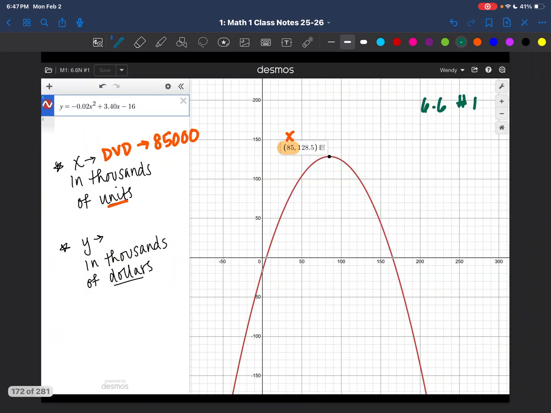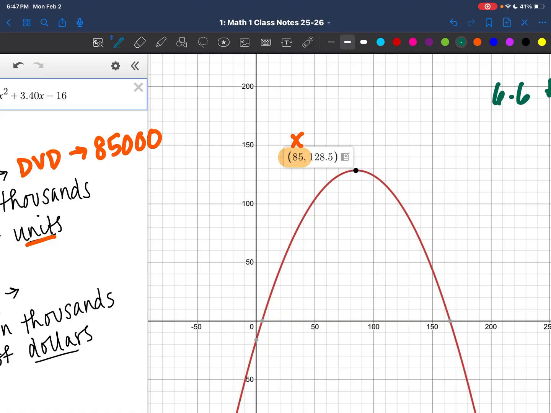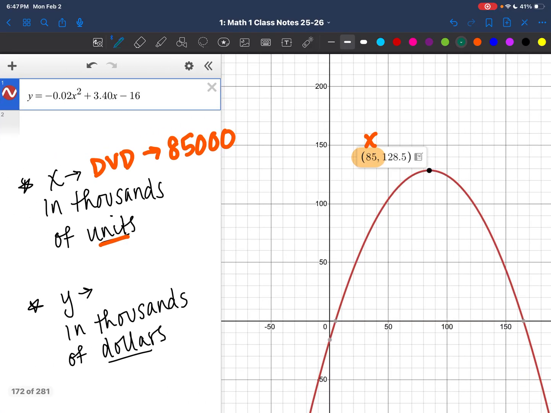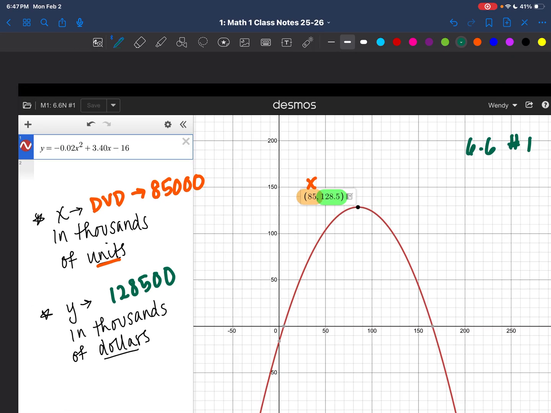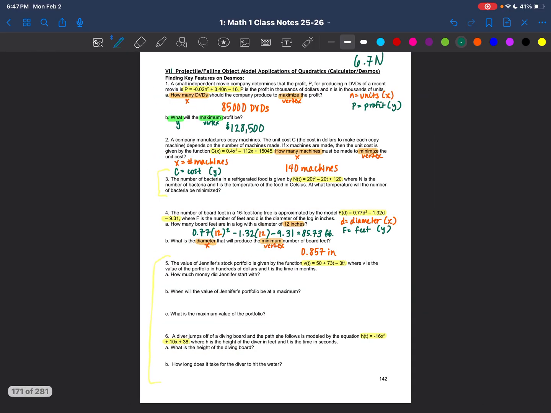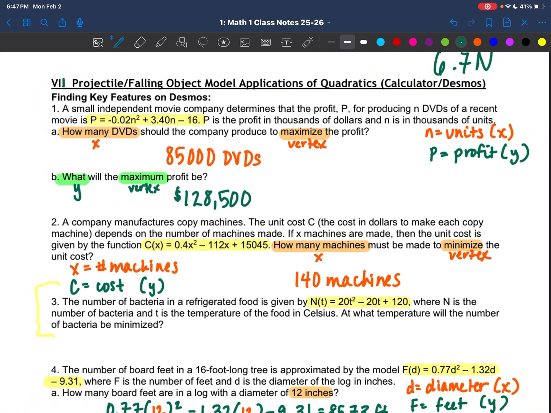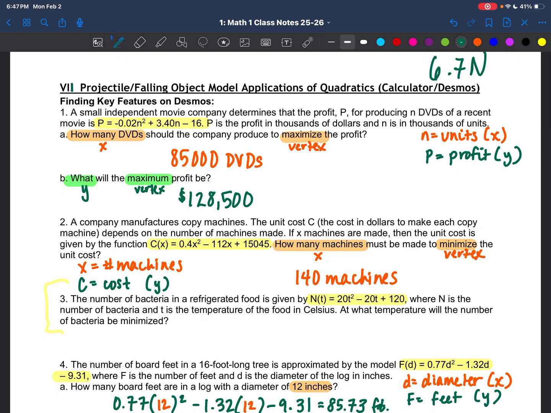So this is going to be 1285, but remember we said to the thousands, so that's the vertex, and this is the profit in thousands of dollars. All right, so then I went through and answered that there. That's all you had to do, is type it in. So now let's look at number 2.